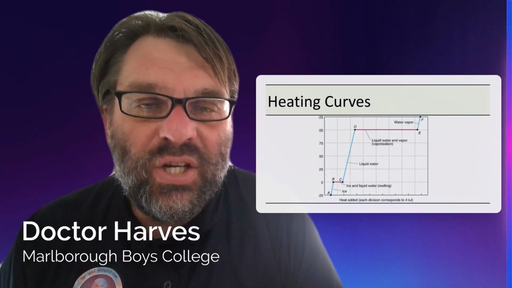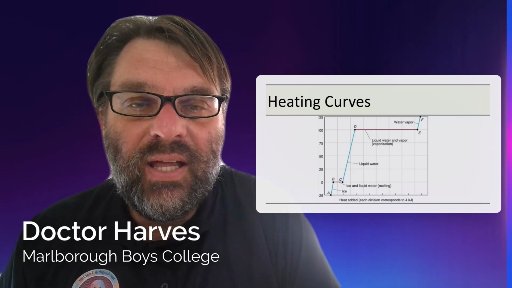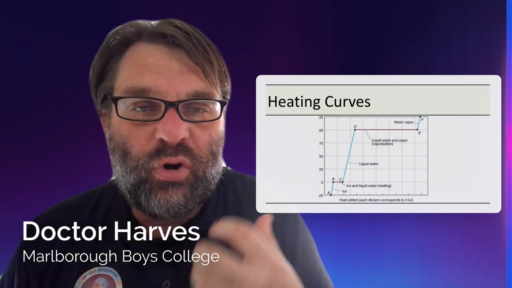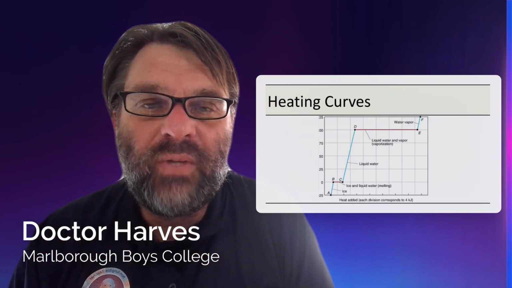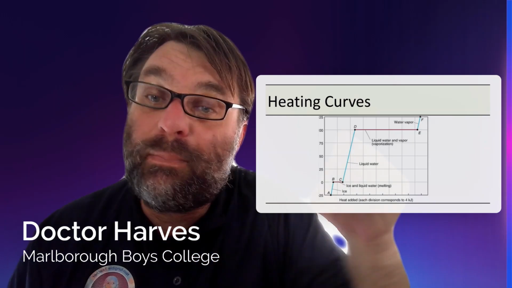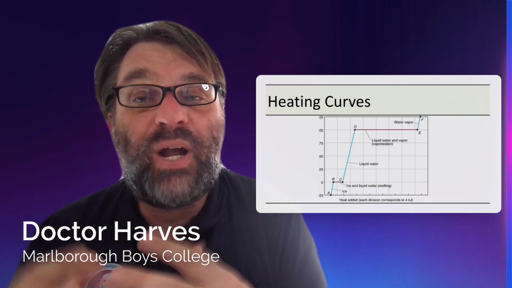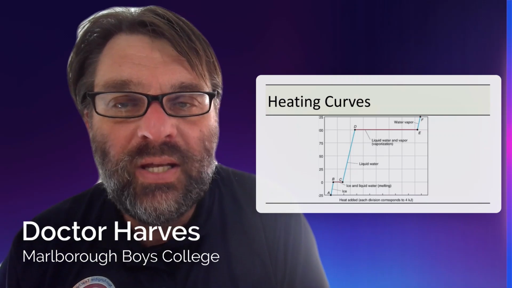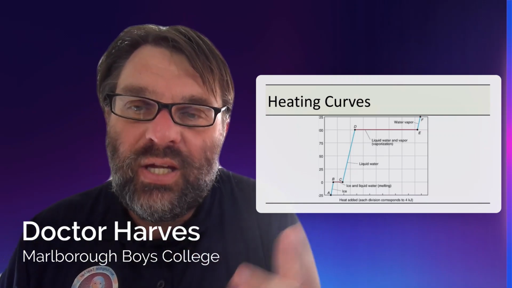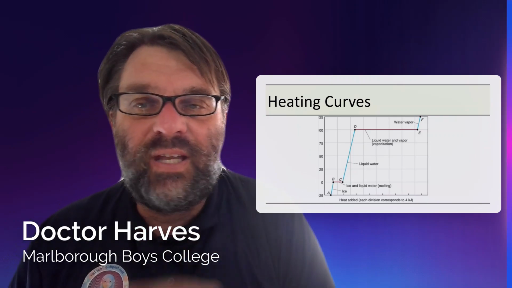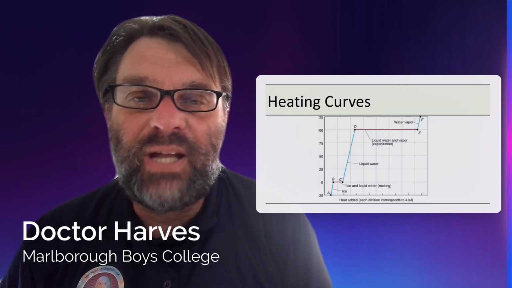So in terms of heating curves, you can clearly see that as you go from ice at say minus 25, it starts to melt. You can see from point B to C, there is no temperature change because you're breaking those interparticle bonds at that point. So there's no increase in kinetic energy because the particles aren't moving any faster. They're just breaking those interparticle bonds.